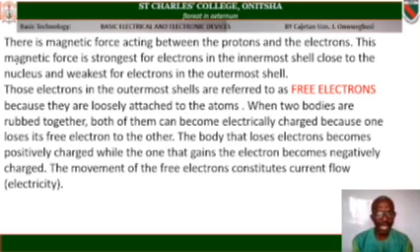When 2 bodies are rubbed together, both of them can become electrically charged because one loses its free electron to the other. The body that loses electron becomes positively charged, while the one that gains the electron becomes negatively charged. It is the movement of the free electrons that constitutes what you call current flow or electricity.